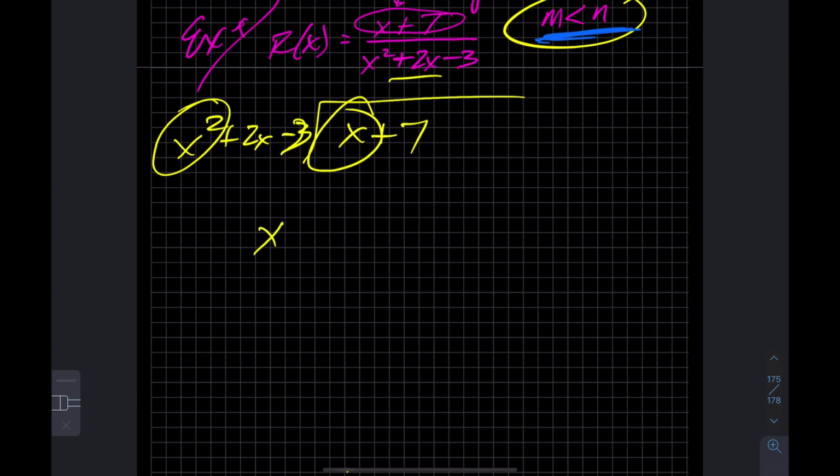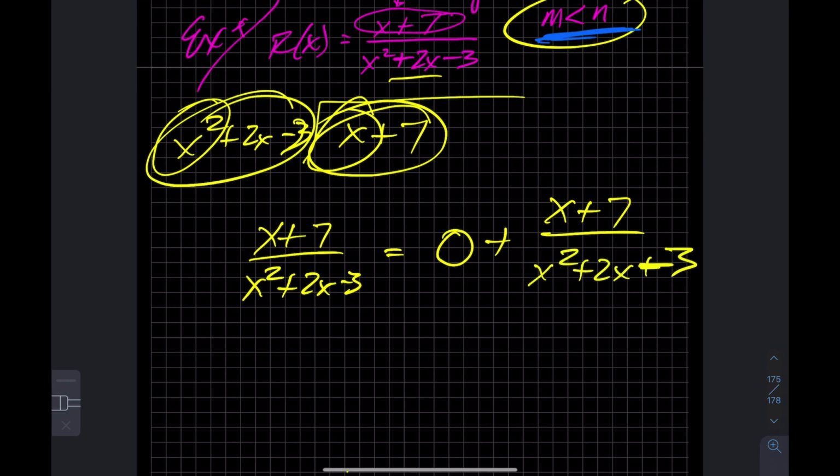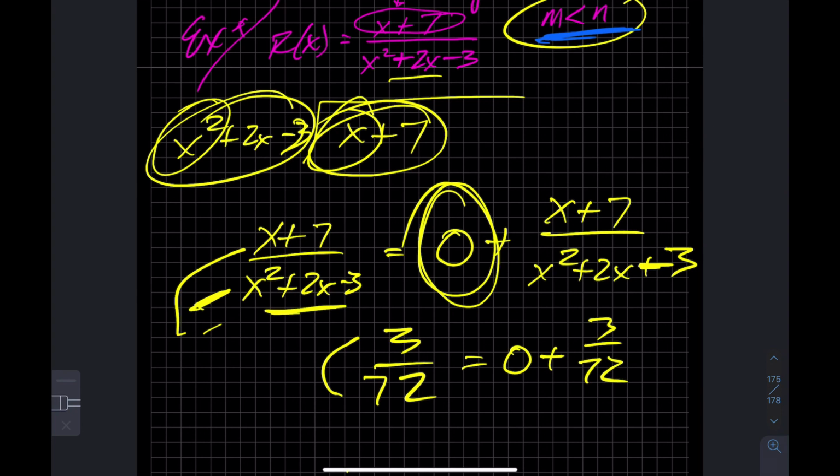So my division algorithm ends up looking like this: x plus 7 over x squared plus 2x minus 3 is equal to 0 plus, this is the remainder, over my divisor. Oops, that's minus 3. So 0 is the quotient because this actually doesn't divide. It's too high a degree. It's like taking 3 and dividing it by 72. 72 can't divide into 3. This has too many degrees. It cannot divide into x plus 7. So 3 divided by 72 is 0 plus the remainder, which is 3 over 72. Any fraction that's less than 1 is a remainder, you could say, of division. So that one is also the quotient, the result of division.